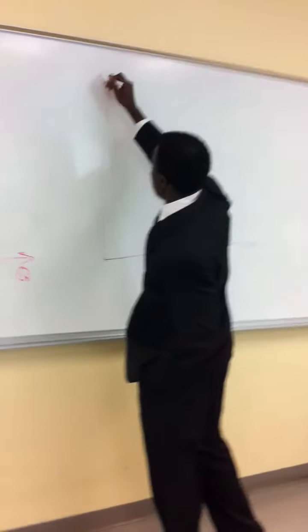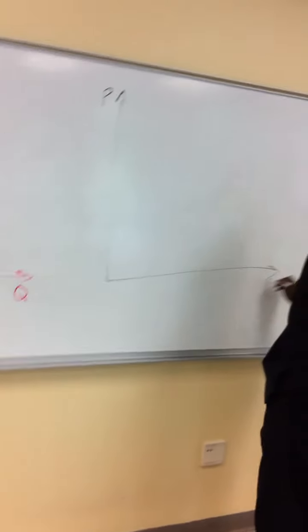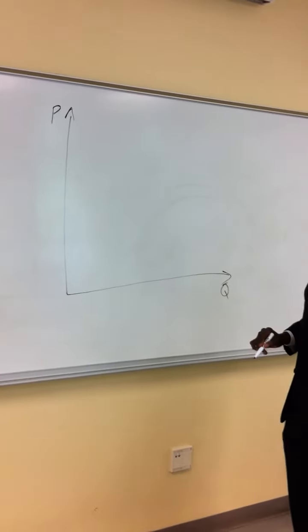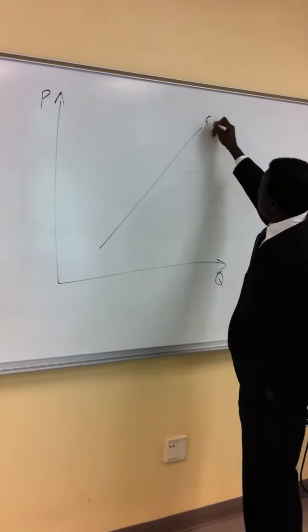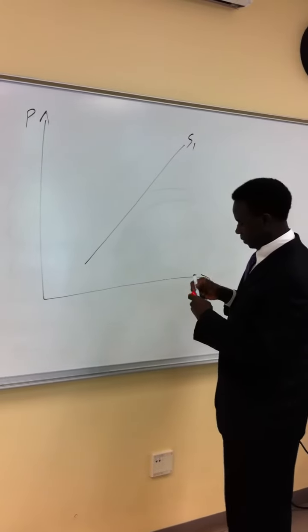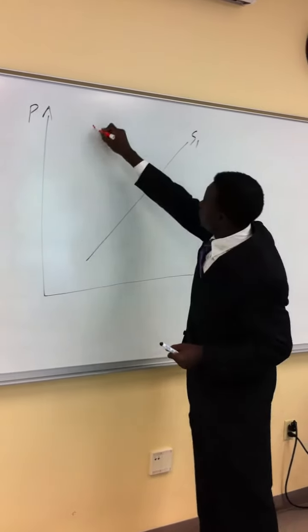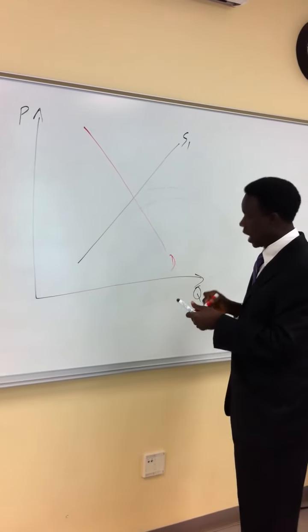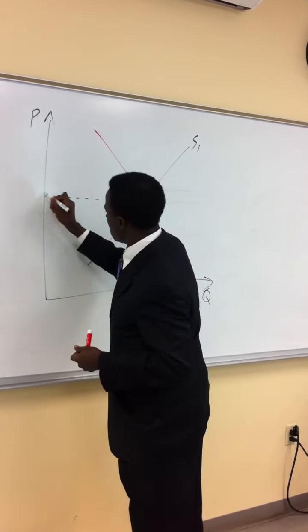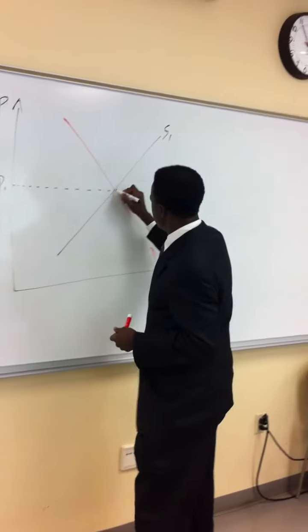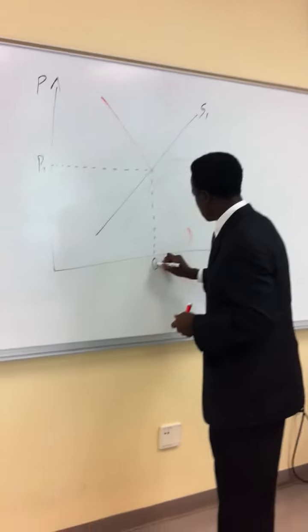So again, here's the price on the vertical axis, here's quantity on the horizontal axis. This is the supply curve, and this is the demand curve. Okay. Again, at the efficiency levels, you have P1 and Q1.